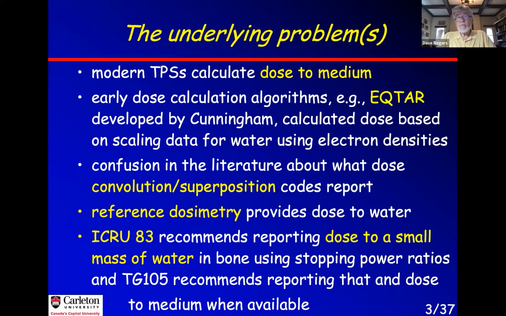And I will talk more about what that means in considerable detail in the rest of this talk. But the thesis here is that when you're talking about the dose to bone, what you really care about is the dose to the blood and the blood cells interior to the bone, and they are more water-like. And again, we'll discuss that in more detail in the rest of the lecture.